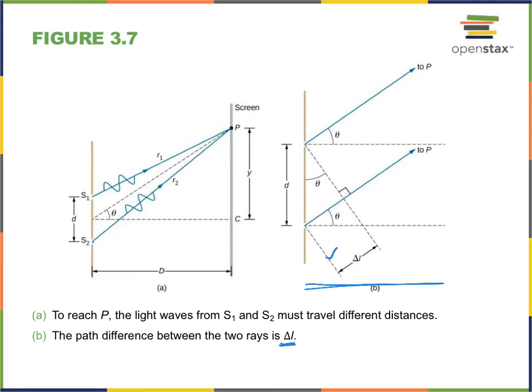If we draw a line from this point down to the second ray so that it hits at a perpendicular distance, this right here, which I already highlighted, is the difference in the path length for the two light rays. Comparing that difference in the path length to the wavelength is how you determine, at a particular location on the screen, whether you're going to get a bright spot or a dark spot.